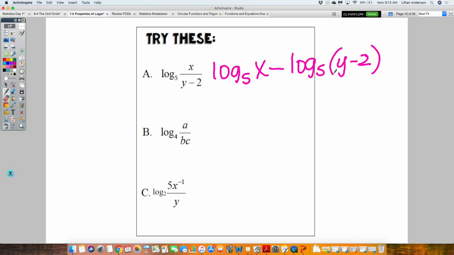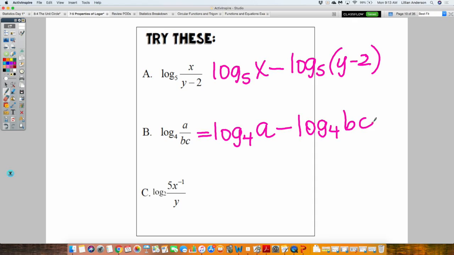Okay? You have division, which means you should do what? So then this turns into log base 4 of A minus log of BC. But the B and the C are connected together using multiplication, which means you can expand that some more.